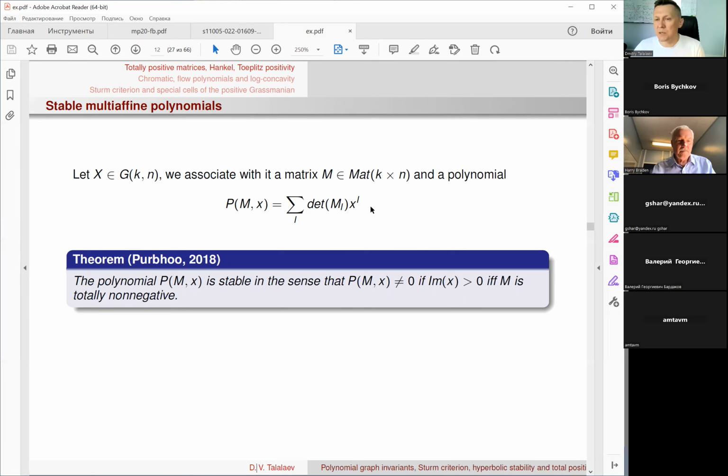Yes, and here it is a product of coordinates. I thought Dima meant that x with a lower index I capital, so x i1, etc., x ik.